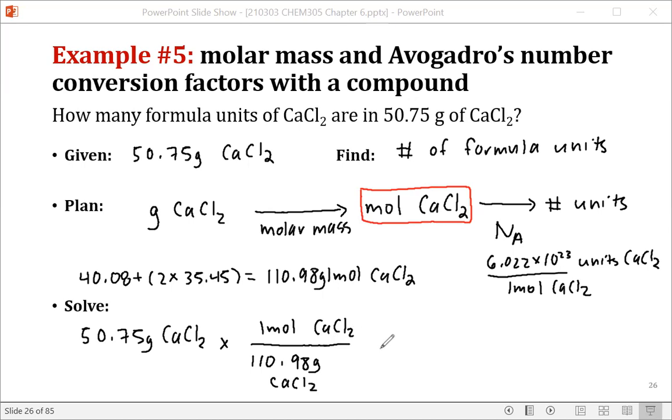It's our first conversion factor. And now we're going to go on to our second one. We're going to use Avogadro's number to convert from moles of calcium chloride to number of calcium chloride formula units. So for every 1 mole of calcium chloride, we have 6.022 times 10 to the 23rd formula units.